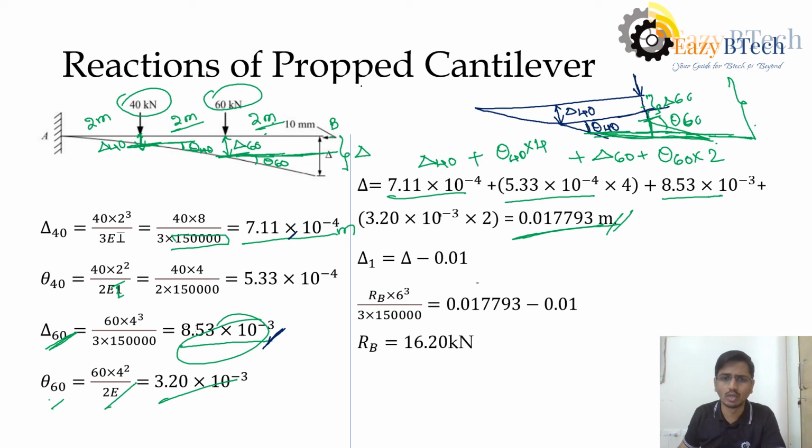We have got the delta. As we can see here, we are allowing 10 mm, that is nothing but 0.01 meters. So this indicates that if we equate to this RB value, we'll get the reaction. But the reaction has some displacement, that of 10 mm. We are allowing it to settle 10 mm.